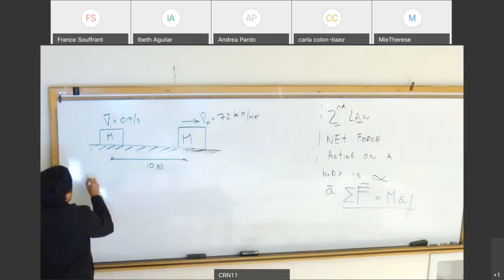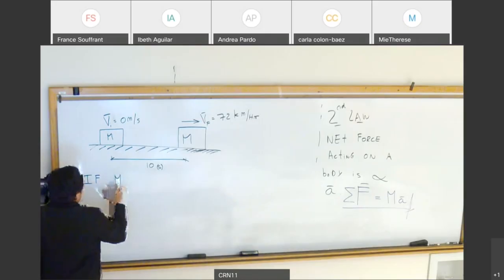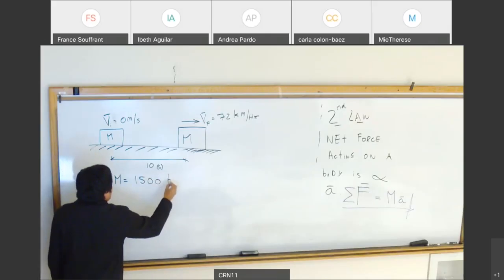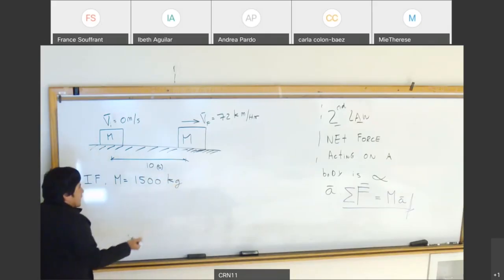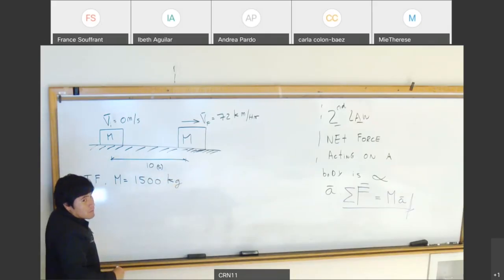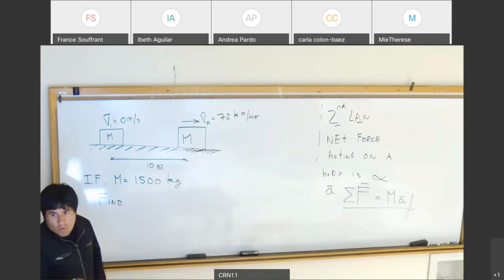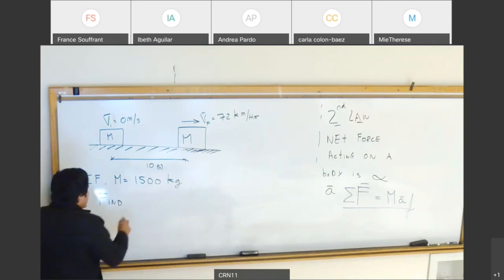If the mass is equal to 1,500 kilograms, so it's like a car, right? Find the force acting on it. So find the required force.